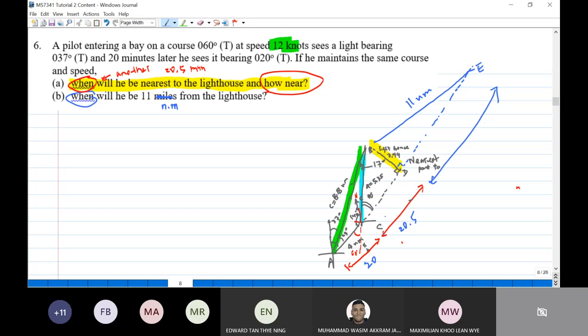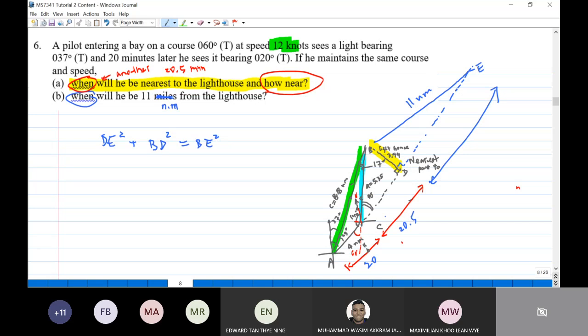You can use a right angle triangle, because this is a right angle triangle. So I know DE, right angle triangle now. DE squared plus BD squared is equal to BE squared, right?